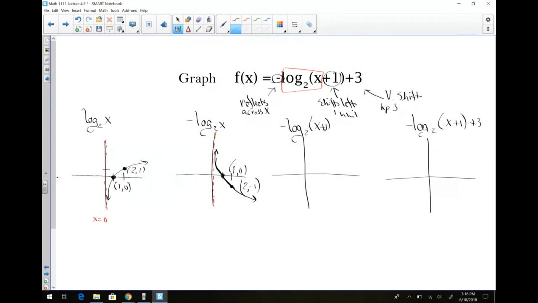So here, because of this plus 1, I'm going to go ahead and subtract 1 from all my x's. Oh, one thing that I forgot to write: always write your asymptote, it helps. So from here to here, we are going to negate all y's. From here to here, we're going to subtract 1 from all x's.